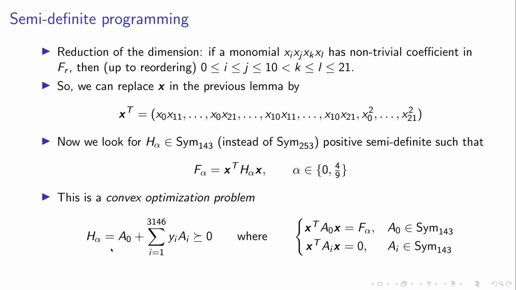This H matrix, you have to write it like some matrix A0 plus this very large sum, where A0 is like a particular solution of the system you're trying to solve, but only with a symmetric matrix. You don't worry about the semi-definite condition. And the other ones are also symmetric matrices. This is like a basis of the space of the solutions to the homogeneous system. So if you have a solution, you can write it in this way.